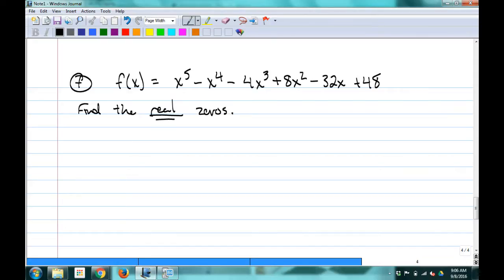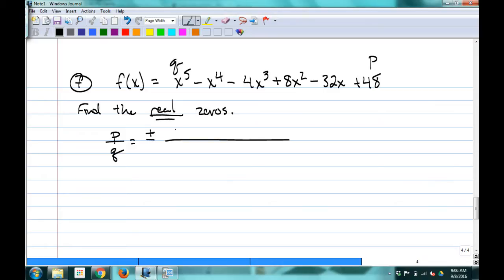All right, so I want you to tell me what our P over Q list is. What goes on the top of our P over Q list? This is P, this is Q. Factors of 48 go on top.